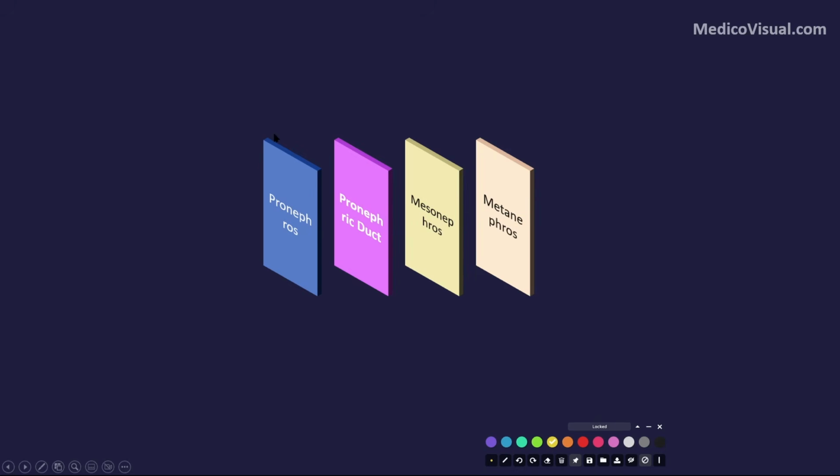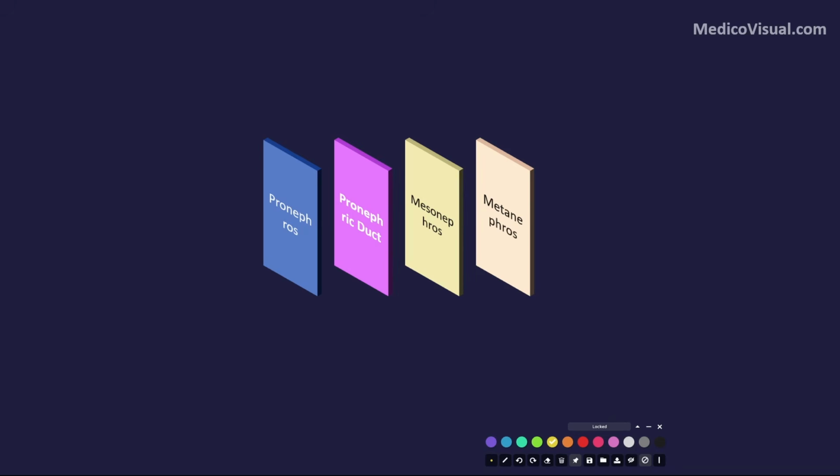So if pronephros does not develop, the pronephric duct will not develop, and if the pronephric duct will not develop, mesonephros won't develop, and if mesonephros won't develop, of course, metanephros will also not develop. And in this diagram, also remember that this pronephric duct will form the mesonephric duct, which in turn will form the ureteric bud, and that ureteric bud is required for the formation of kidney in humans.